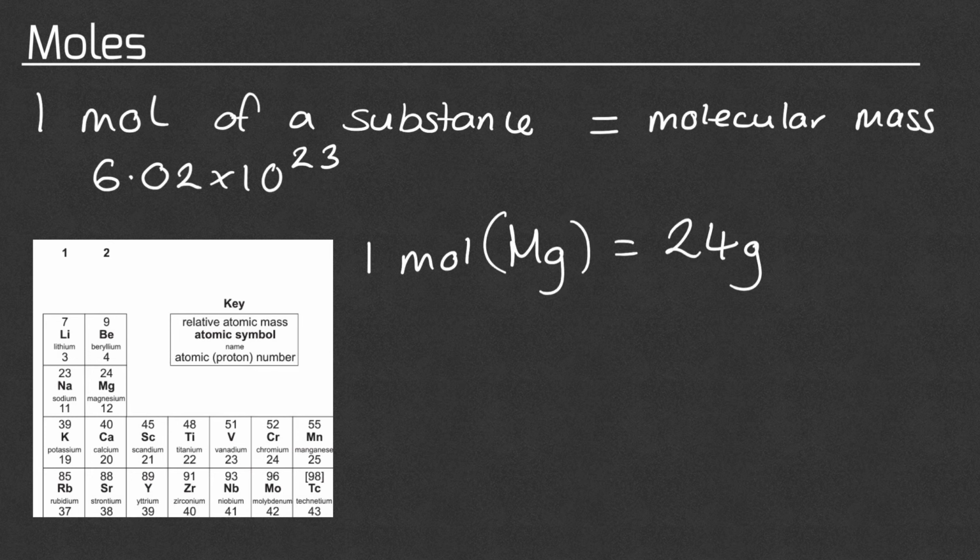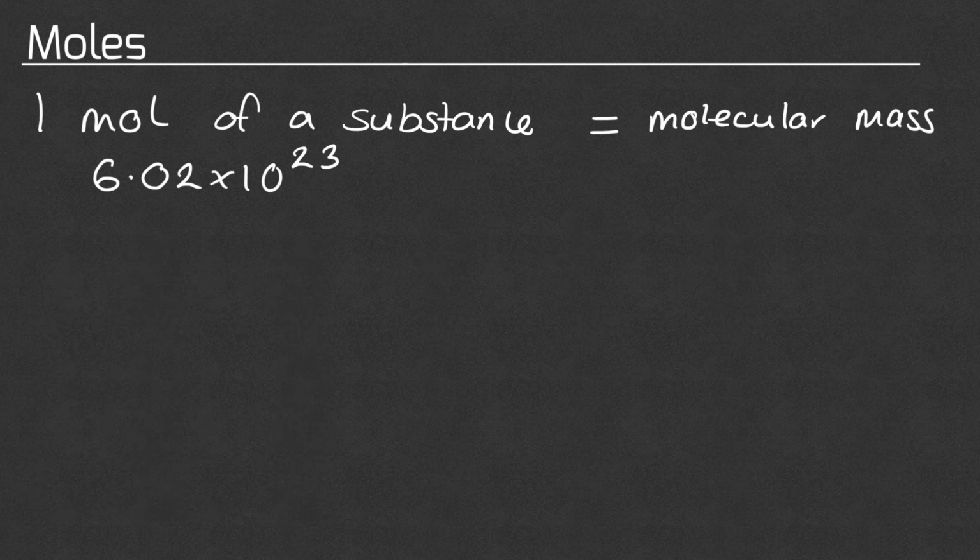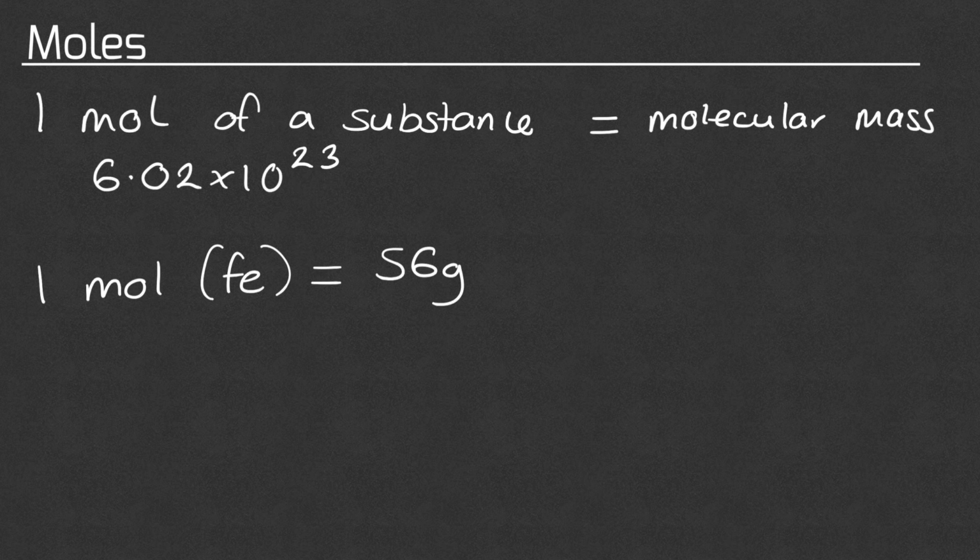So, for example, magnesium has got the relative atomic mass of 24, which we looked at in the previous video. So 1 mole of magnesium would weigh 24 grams. Likewise, 1 mole of iron would weigh 56 grams, because an atom of iron has a molecular mass of 56.